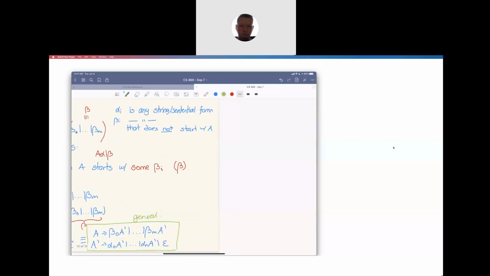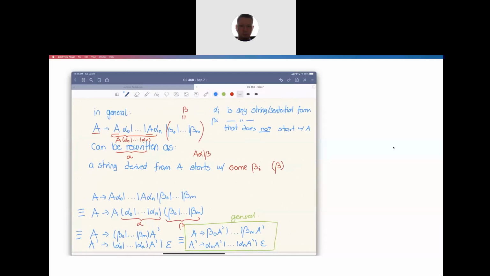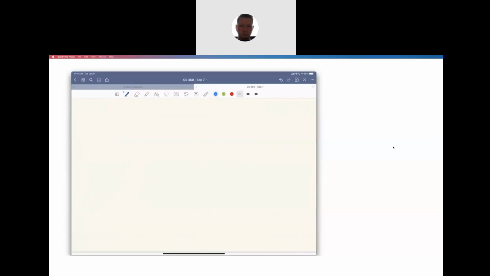Now let's try that with an example. If I can get to the next page. So if I have E goes to E plus B or B, right, then we can sort of try to identify what we have.